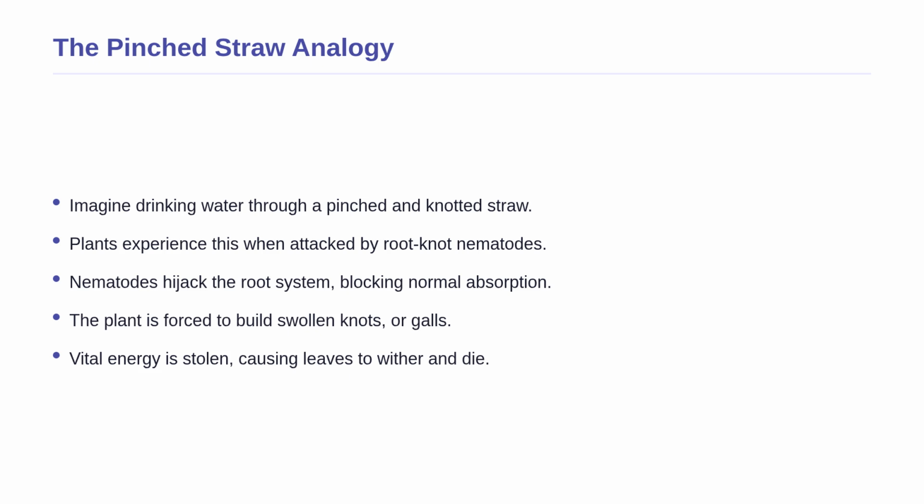Instead of allowing the plant's roots to absorb water and nutrients normally, these tiny invaders hijack the entire root system. They force the plant to build giant, swollen knots around them. The plant ends up spending all its vital energy feeding the worm inside these knots, leaving the stems and leaves above ground to wither, turn yellow, and eventually die.